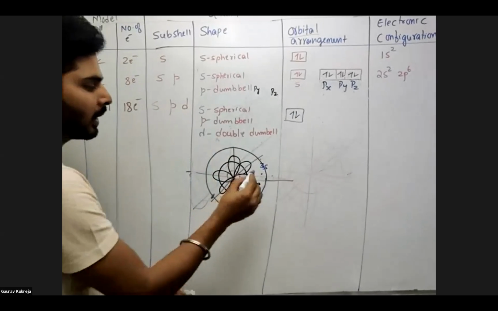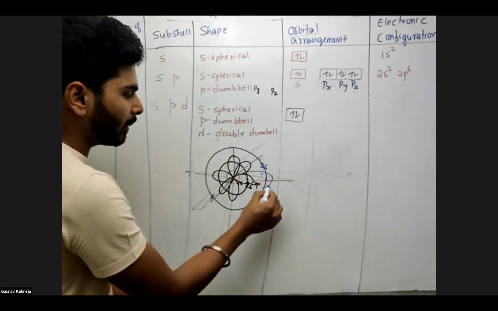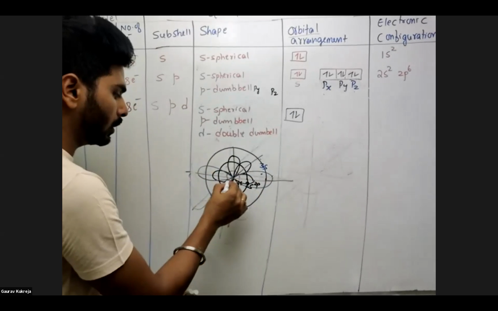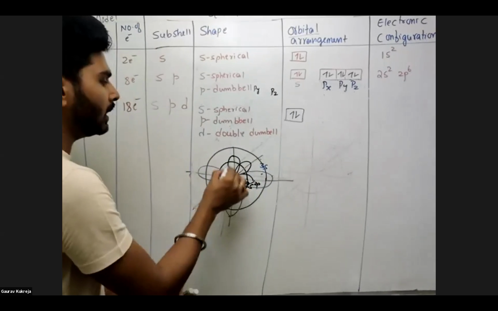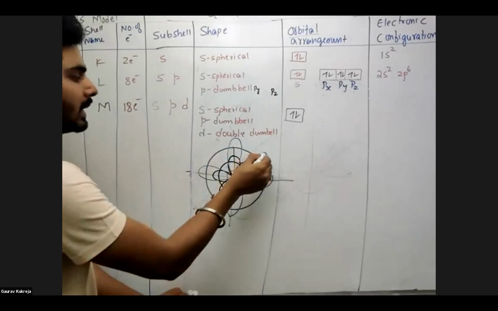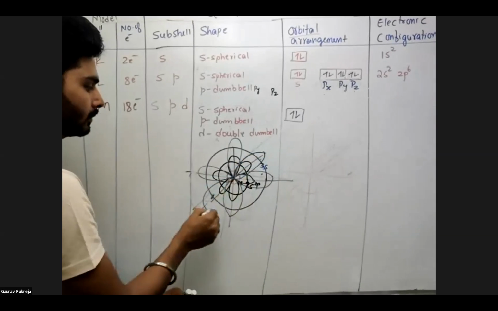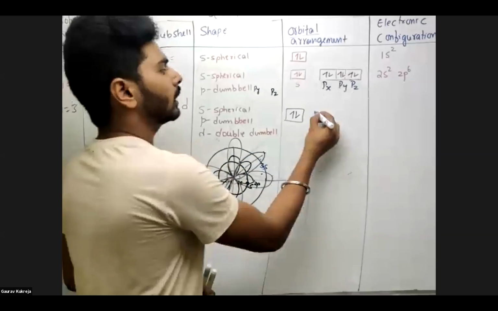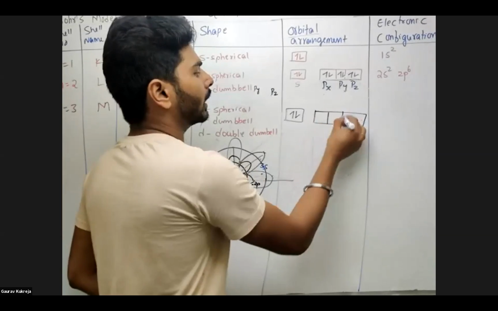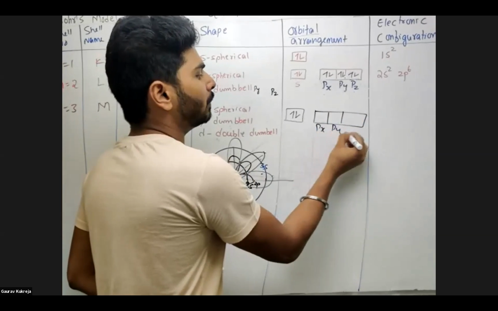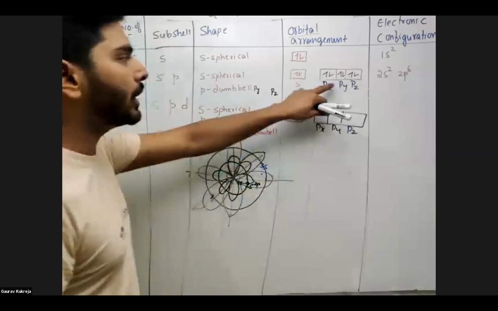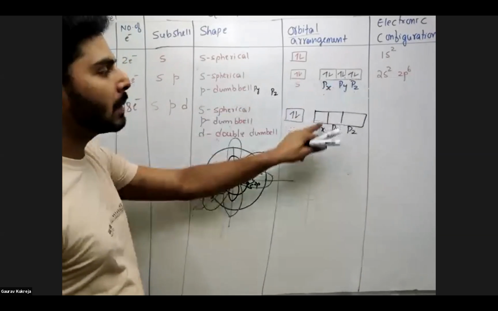Next P, again you have to think of a bigger dumbbell like this, so that it can come under the third shell. Dumbbell means there are 3: Px, Py and Pz. Remember how different this is, this one is bigger in size.